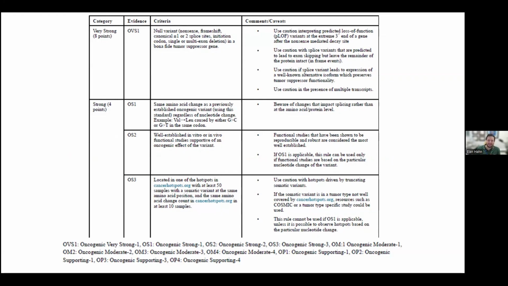So if it knocks out the function of the tumor suppressor gene, we're pretty sure that it is going to be oncogenic. It can also be used for splice variants up to -16 at the splice acceptor site or +5 at the splice donor site if there's experimental evidence indicating splicing effects.